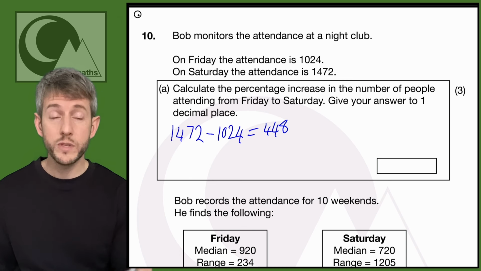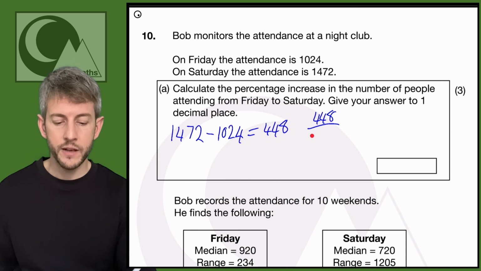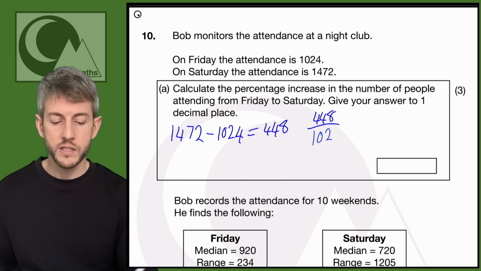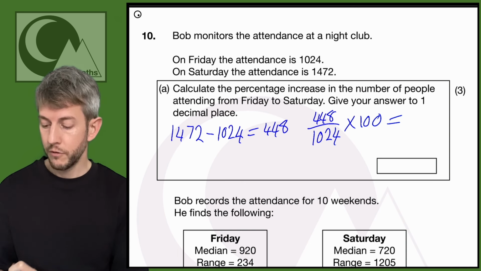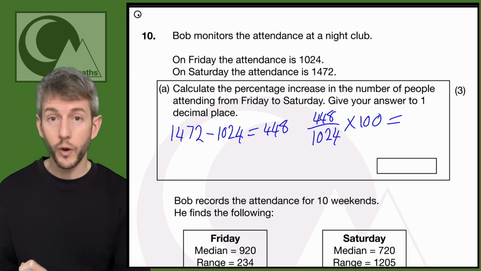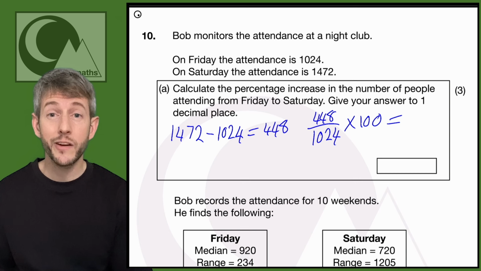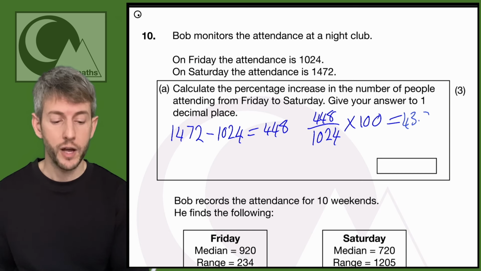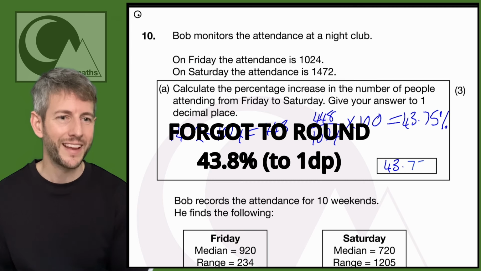Okay, so that was the actual increase. So it's 448 out of a potential of 1,024. So we divide, then times by 100, and that will be our percentage increase. So 448 divided by 1024, times 100, equals 43.75%. And I'll rewrite that in this box here just to make that nice and clear.